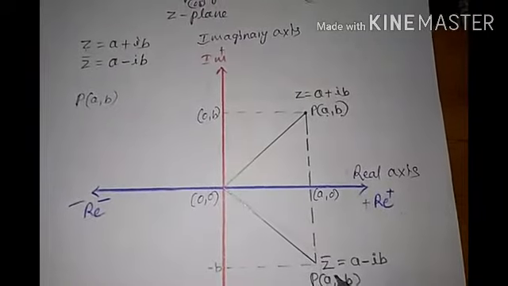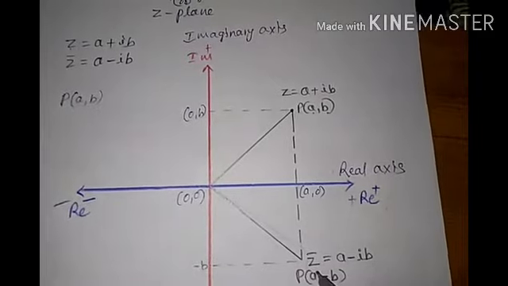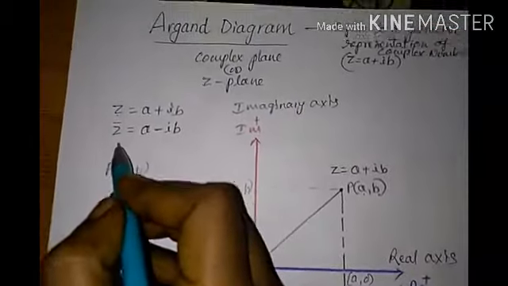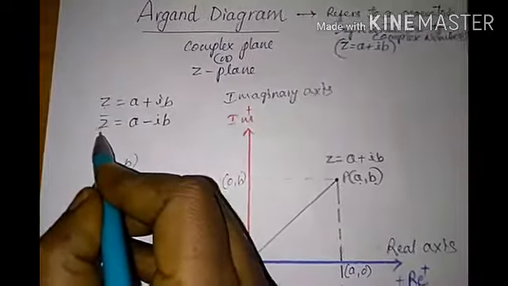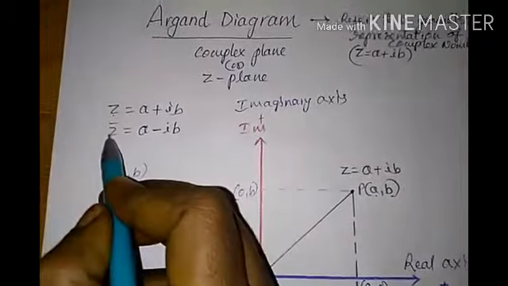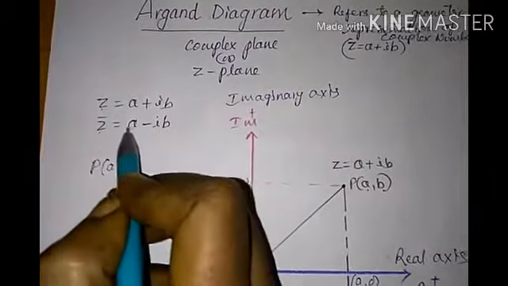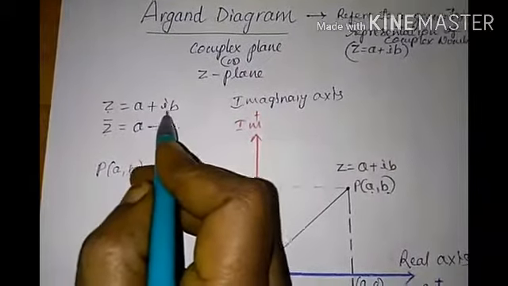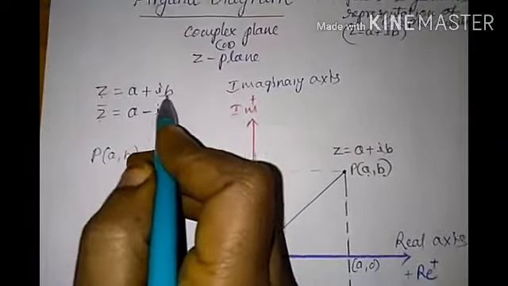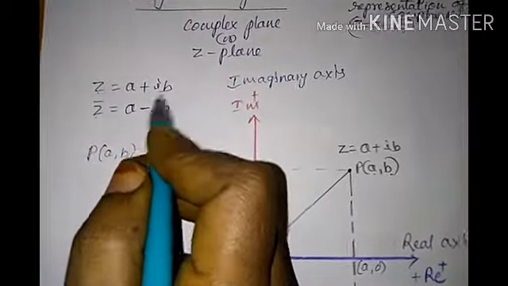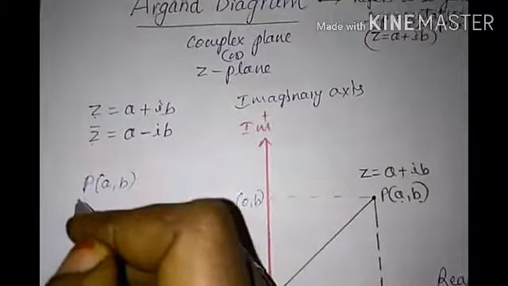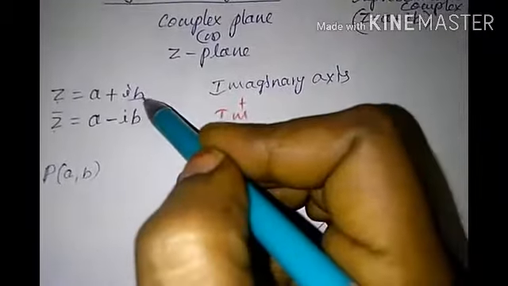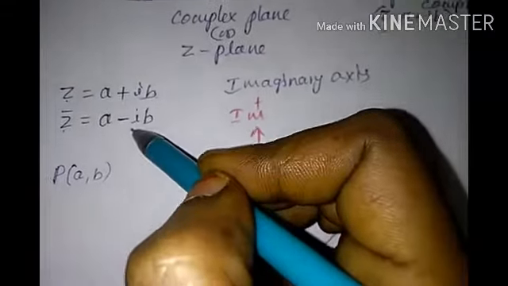Now we can represent the conjugate of a complex number here. What is the conjugate of a complex number? The conjugate of the complex number z is a minus ib. We simply change the sign of the imaginary part.